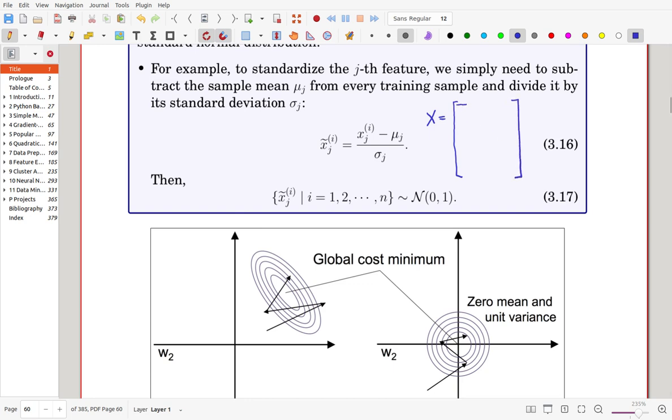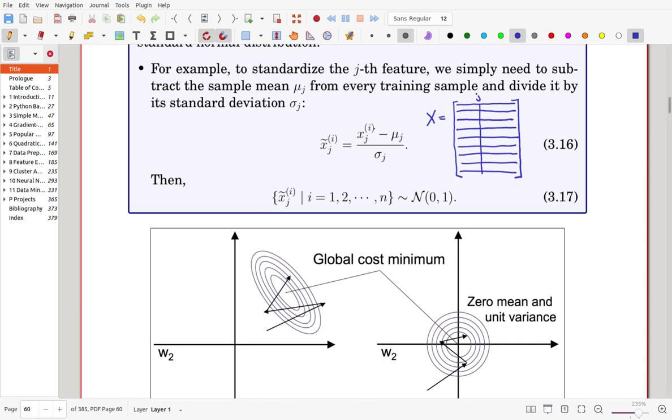Each row represents a data point. The data points are stacked from top to bottom in this way, so the data set is given like this. And each column represents a feature, so the jth column is the jth feature.